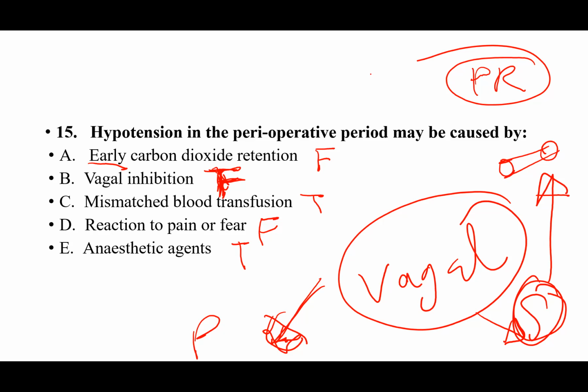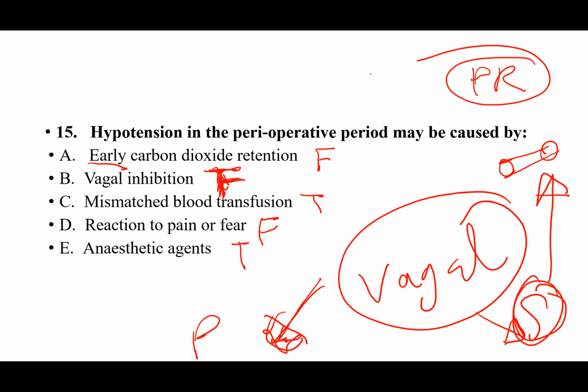Now, is there a situation where vagal inhibition can cause hypotension? Maybe the vagal maneuver. I'm not sure. Yes, what happens in vagal maneuver? Vagal maneuver is when you put pressure on the neck to bring the heart back to normal. No, you have to be clear.